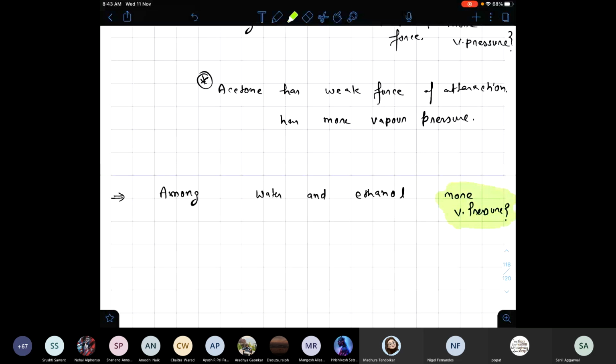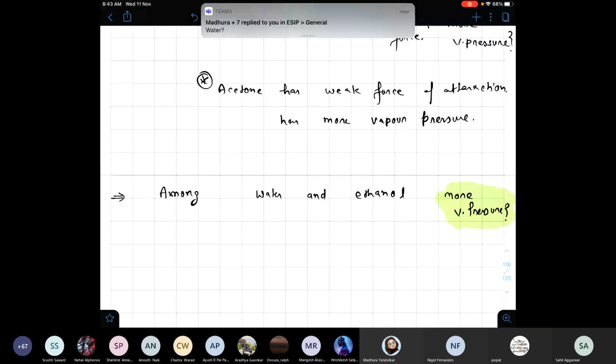Water and ethanol, which has more vapor pressure? Water.